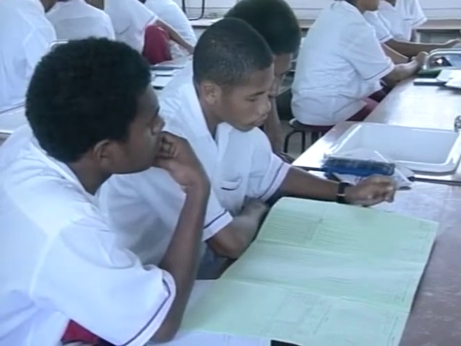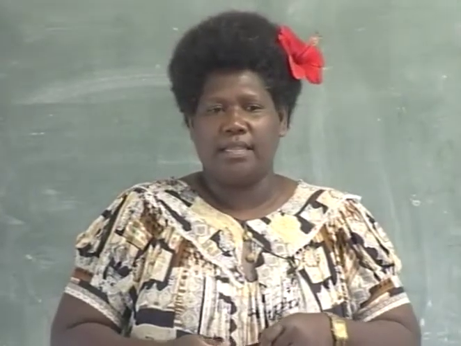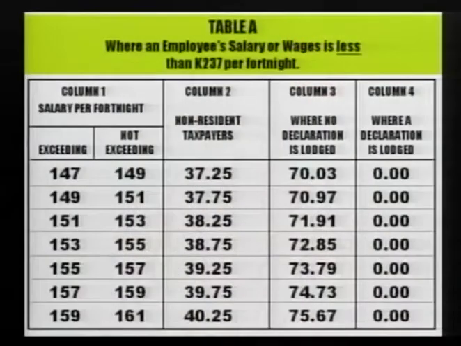So the amount of money that you pay as tax actually depends on the number of dependents you have. That's why I said earlier, if you want to pay less tax, you get married and have 20 children, but then you also have to be able to provide for them. Otherwise, there's no need. Okay, that's column 3, where there is no declaration lodged.